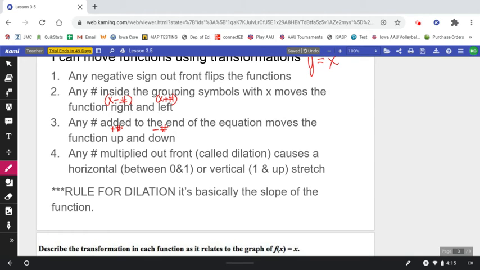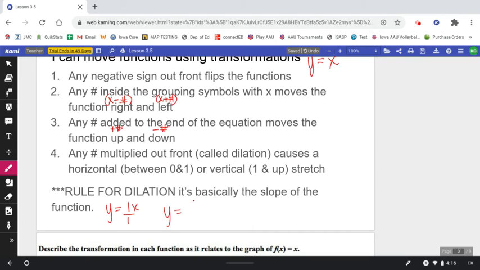Any number multiplied out front is called a dilation. It causes a horizontal stretch if it's a number between 0 and 1, so like your fractions, or a vertical stretch if it's a number 1 and up. Basically, the dilation is the slope of the function. If we're starting originally with y equals 1x, that's like up 1 over 1.